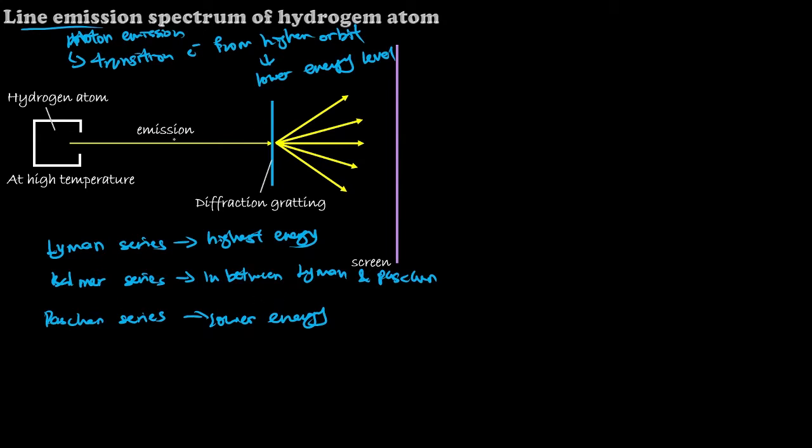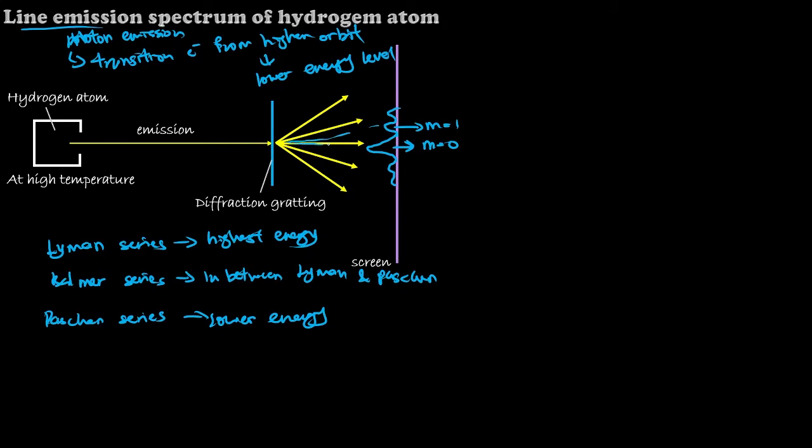If we look at this diagram, this emission is the photon emission through the hydrogen atom, so it will form the diffraction pattern here. This one is your diffraction pattern. This one is the central maximum, which has m equals 0, and this one is your first maxima, m equals 1.